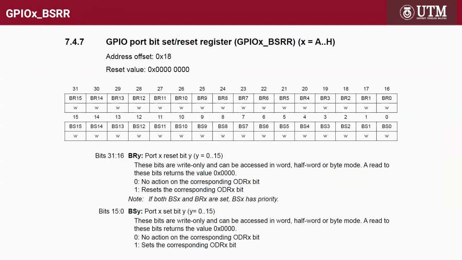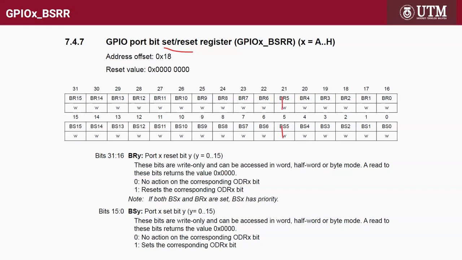Then we have another register. Instead of ODR or IDR, we can also do bit set or reset. In this case, we can set or reset without reading and writing. Let's say I want to turn on the LED at pin 5. I just put 1 here, and if I want to turn it off, I put 1 here.